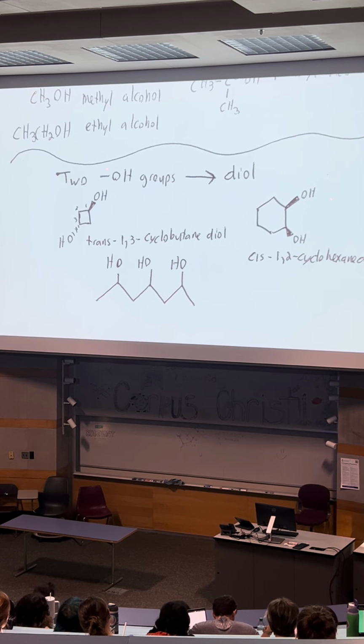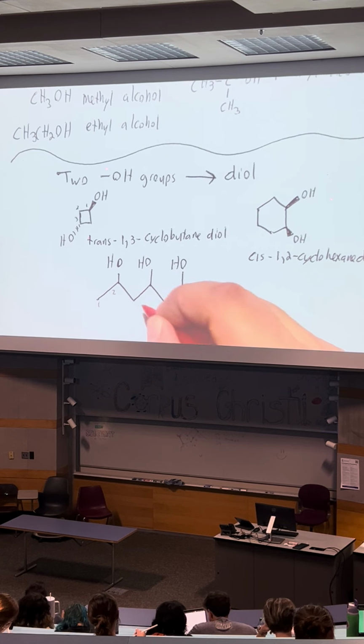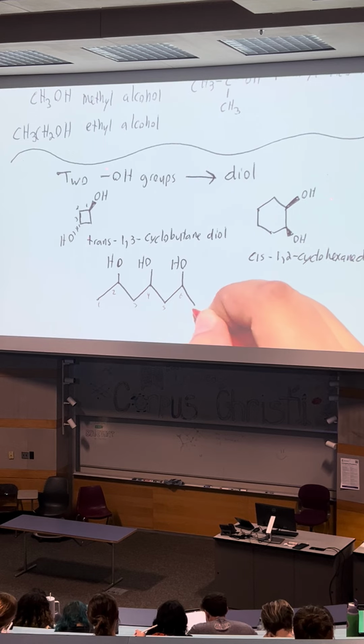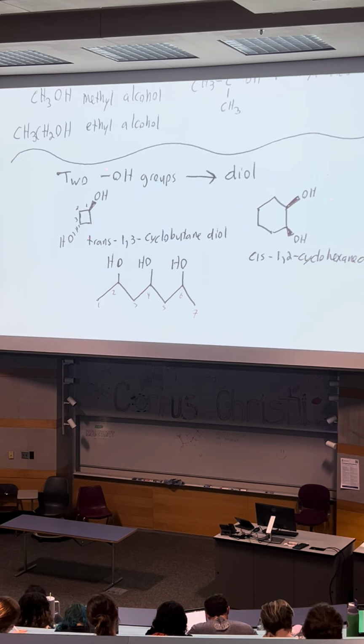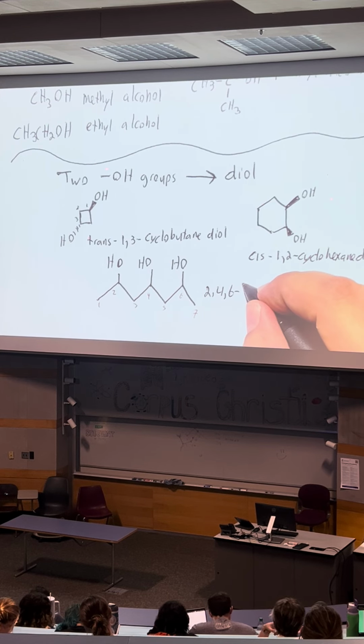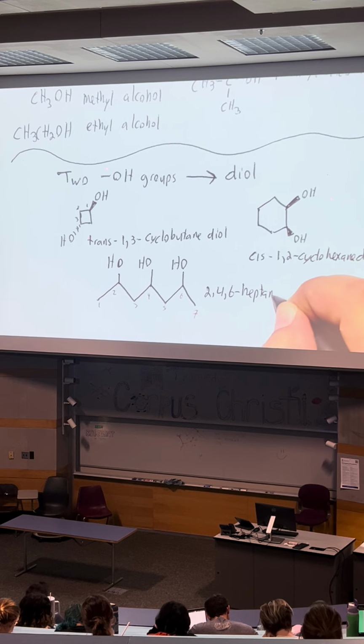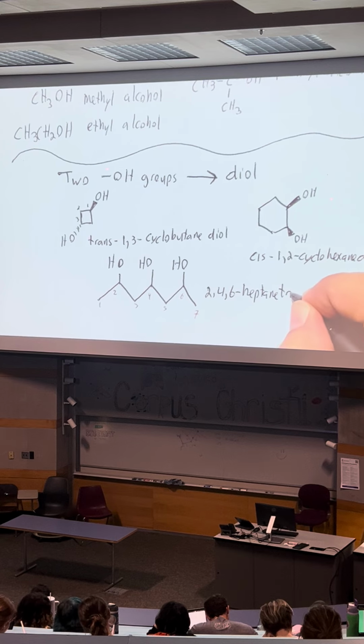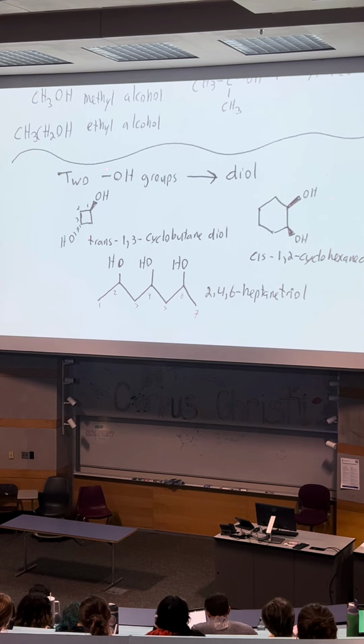You're still going to have hydroxyl groups on carbons 2, 4, and 6. So just for good measure, I'm just going to do the numbering like this. So this is 2, 4, 6. 7 carbons is heptane. And because there's 3 hydroxyl groups, it's heptane triol.